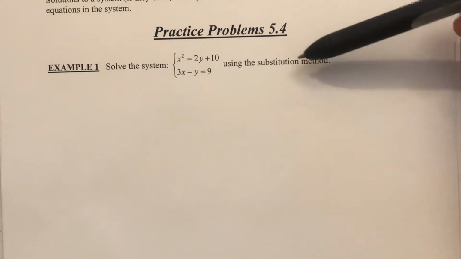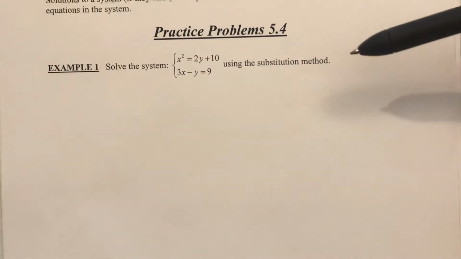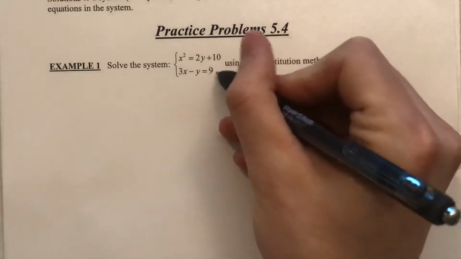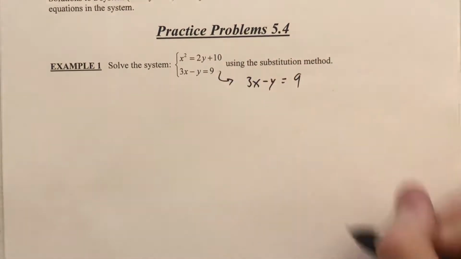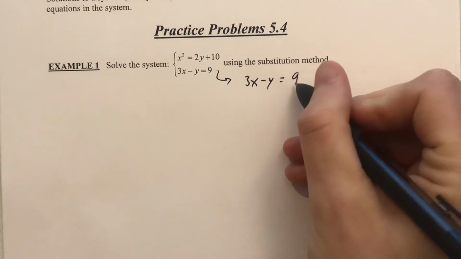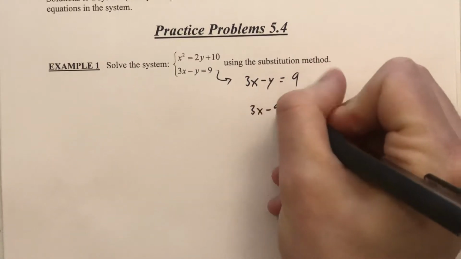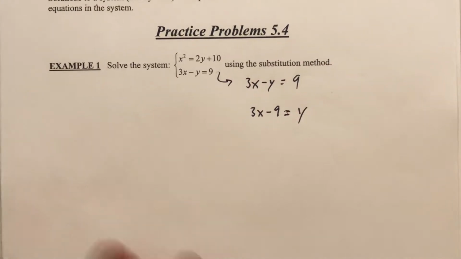So remember, substitution means solve one of your equations for one of your variables, then substitute it into the other. I'm going to utilize what is here a linear equation, 3x minus y equals 9, and I'm going to move the 9 this way and the y that way. So subtract the 9 over here, add the y over there, simple enough to get y solved for.